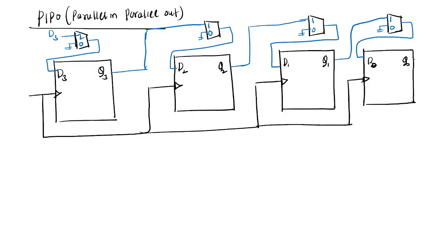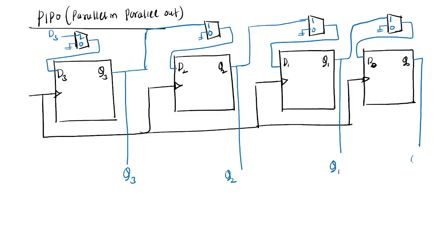And parallel out means Q3, Q2, Q1, and Q naught I am taking out.